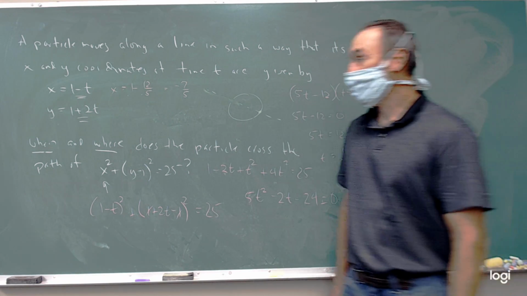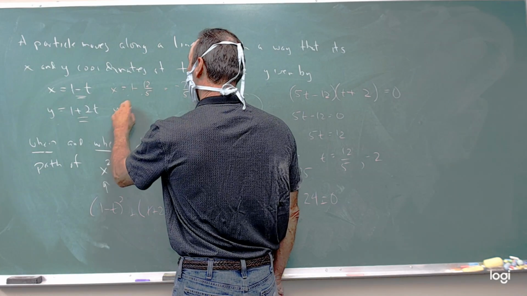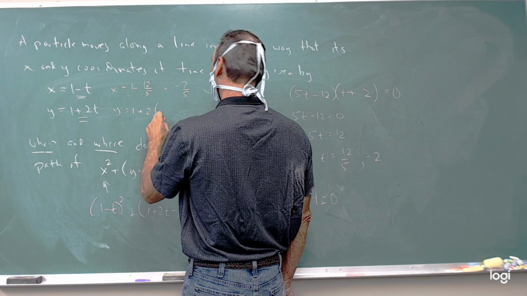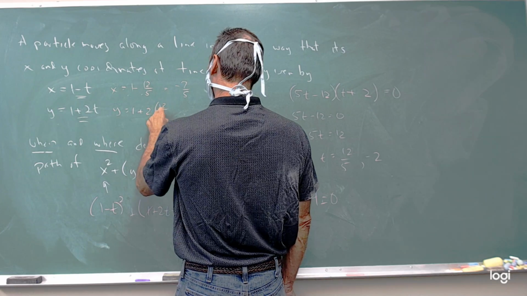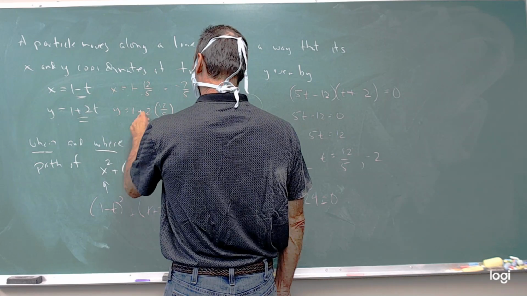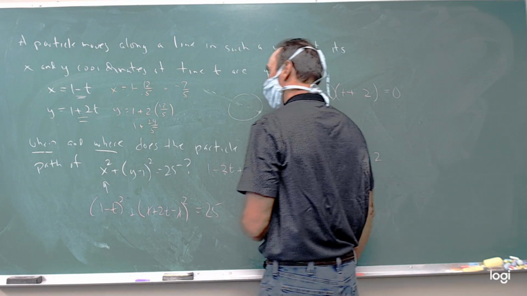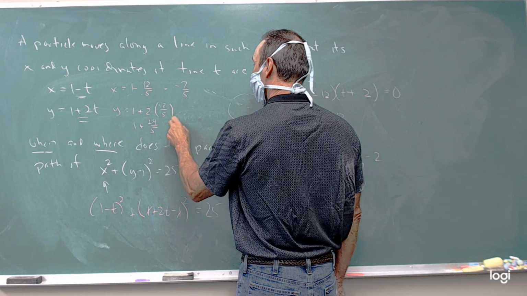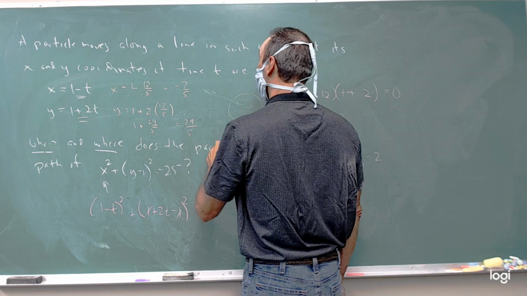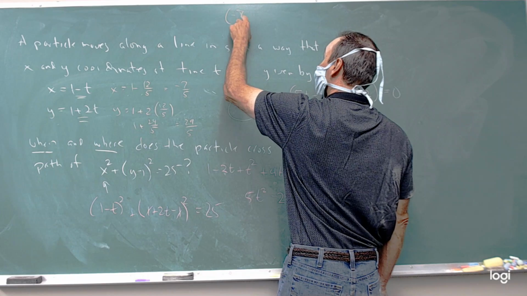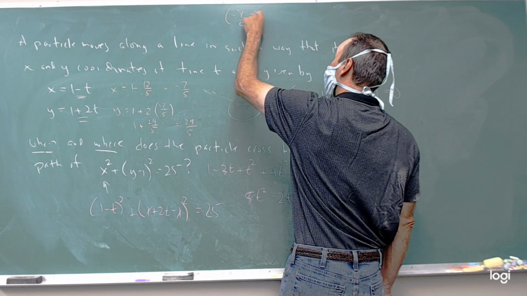You guys are way too trusting. Thank you. Y is going to be 1 plus 2 times 12/5. So that's 1 plus 24/5, so 29/5. So that's one place: -7/5 and 29/5.